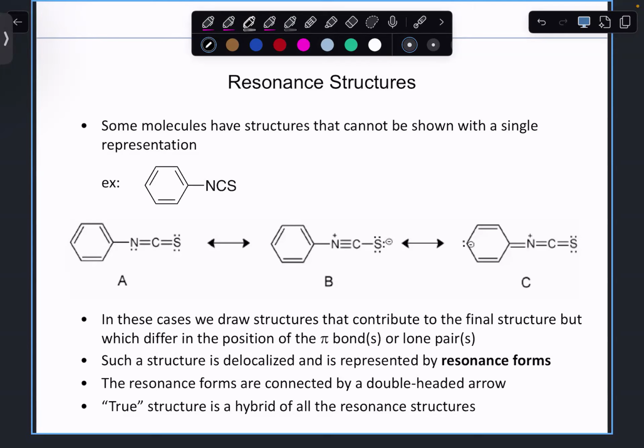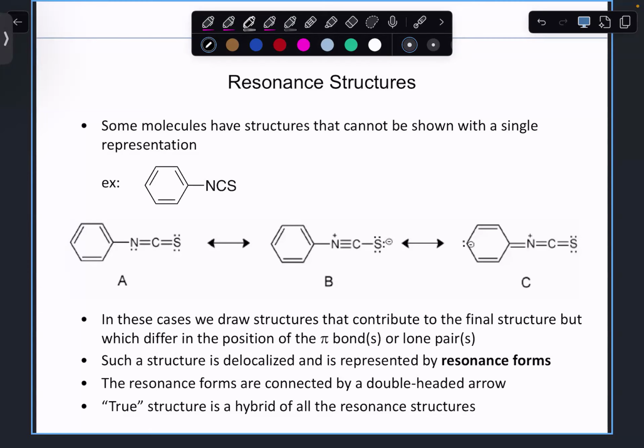Another way, let me try to get this right. Animal husbandry is not so great, but is it a mule that's a cross between a horse and a donkey? Okay, so if you look out in a field somewhere and you see a mule, it's not like half of the time it's existing as a horse and the other half as a donkey.